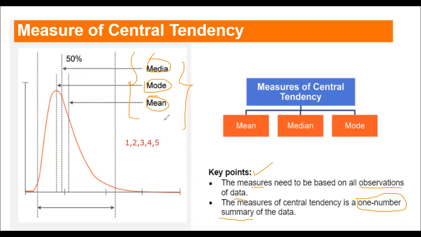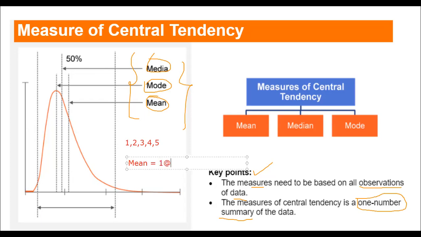Okay, so using these three types, we will get only one number output. When I talk about the mean, if I find the mean of this data, it is going to include all the observations of this data. What is the formula of the mean? It is the total of all observations.